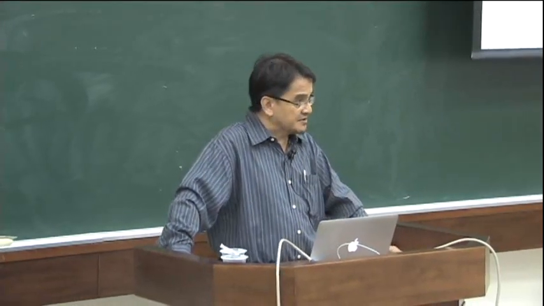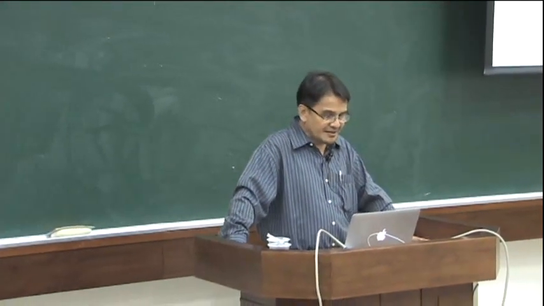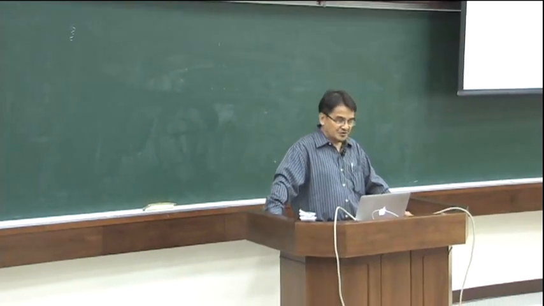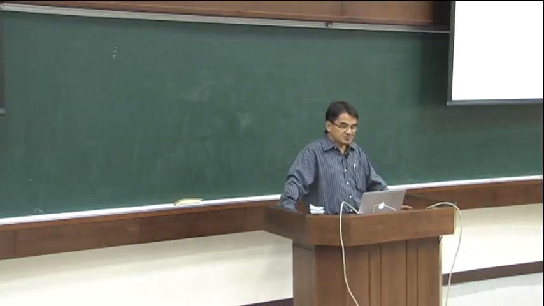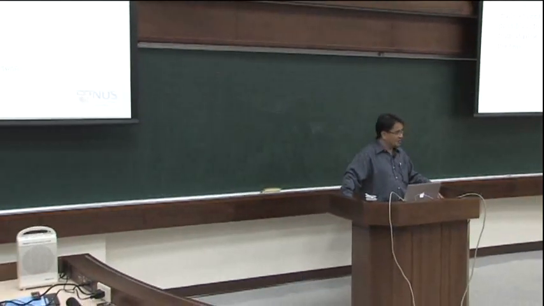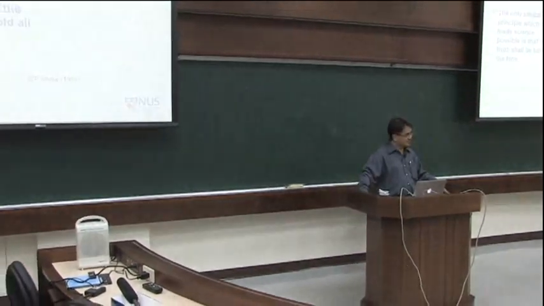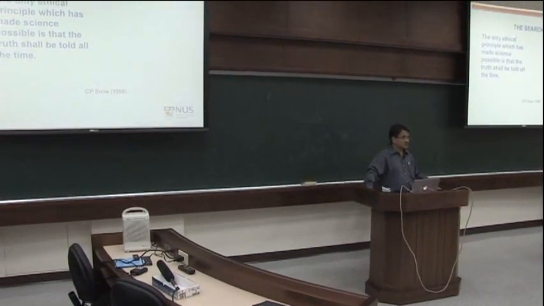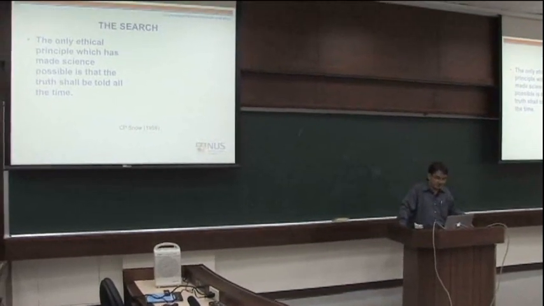this quotation from C.P. Snow in a book entitled The Search. And C.P. Snow says, the only ethical principle which has made science possible is that the truth shall be told all the time. So if we may summarize this principle, we can say it is the principle of truthfulness.